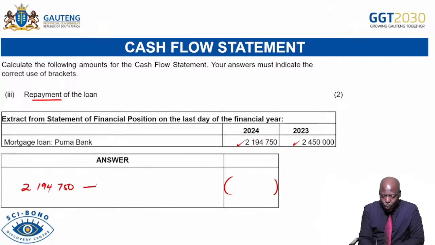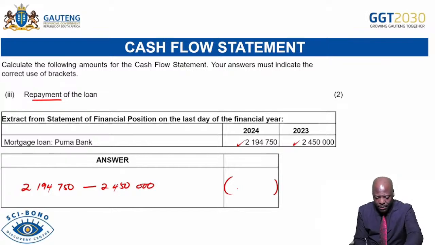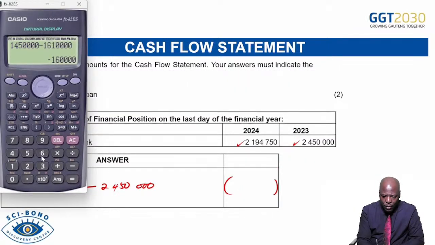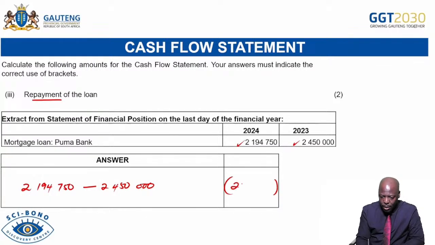Then I subtract what it was, which is 2,450,000. That is going to give me 255,250. That becomes my cash outflow.